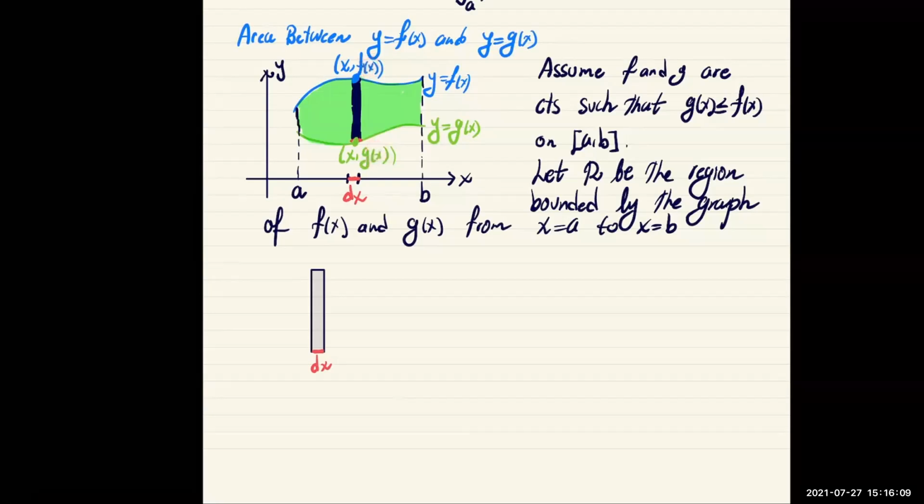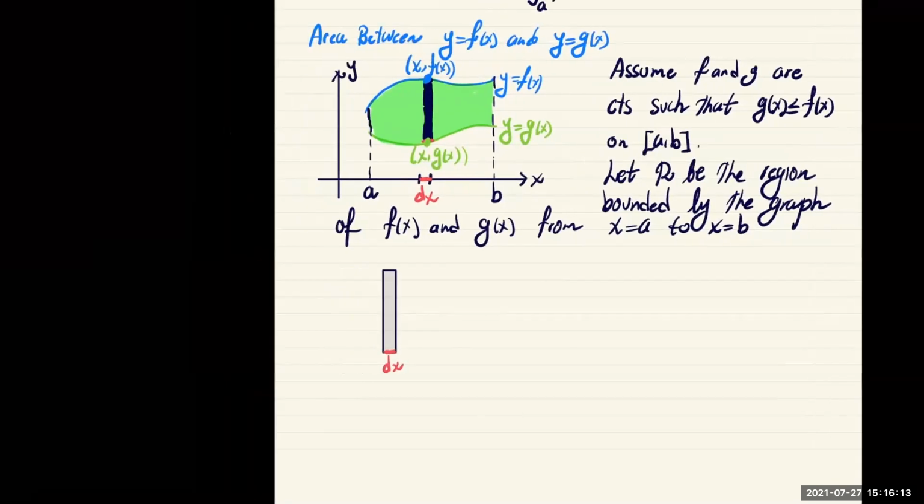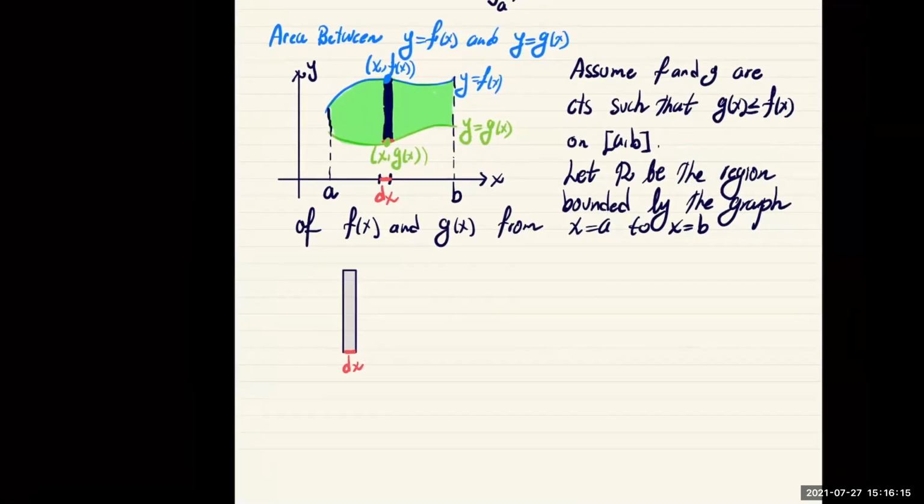You just do f of x minus g of x. That's this length.